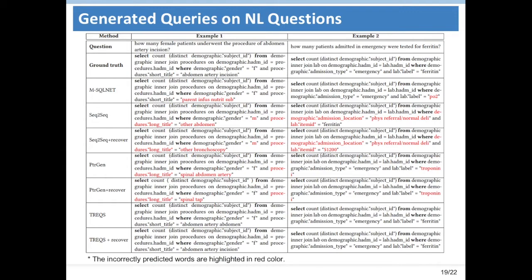This means that even if we apply the recover technique on sequence-to-sequence and pointer generator methods, they cannot provide correct condition values due to the incorrectly predicted condition columns. These results indicate that successfully recovering the condition values still requires the models to produce correct condition columns and sufficiently relevant keywords.